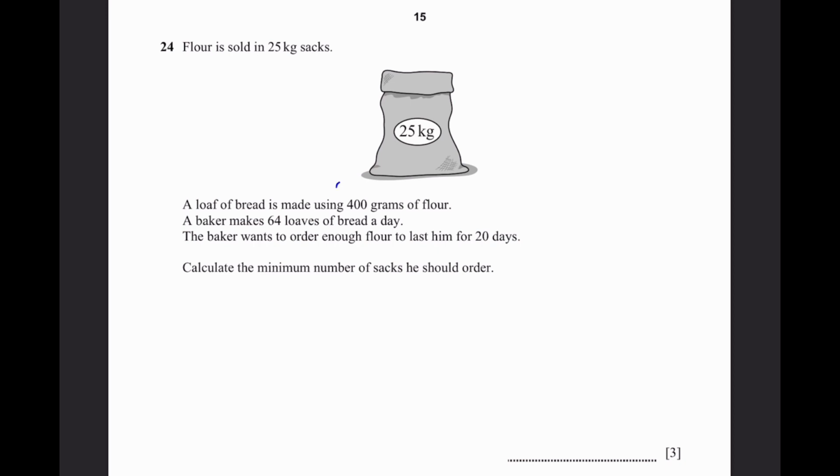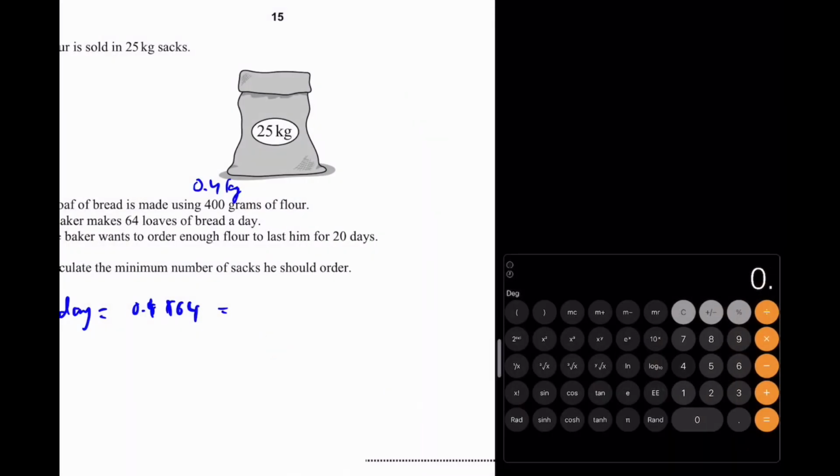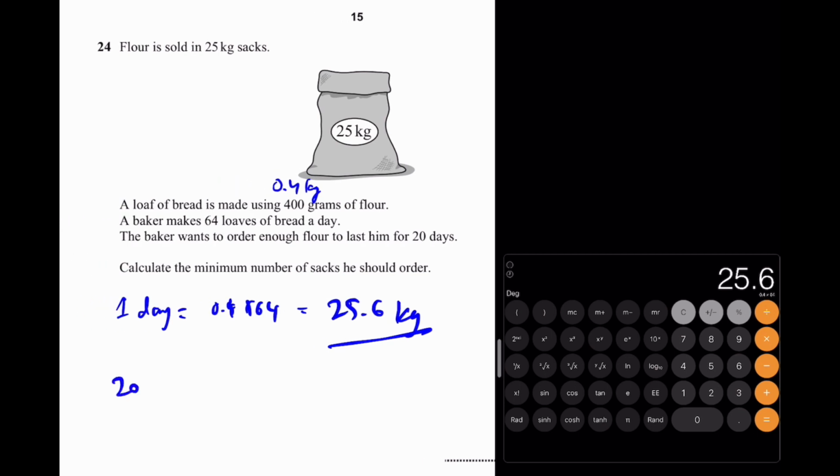So 400 grams is 0.4 kilograms. And for 64 loaves of bread a day, so that's 1 day, will be 0.4 times 64, which is, using a calculator, 25.6 kilograms. Now that's for 1 day. So if he wants 20 days, that will be 25.6 times 20.